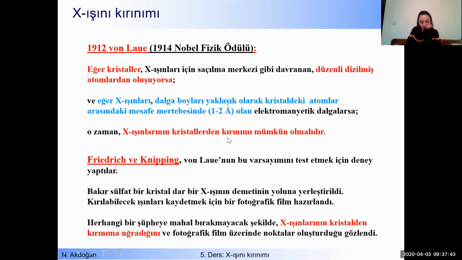So what is X-ray diffraction and when was it discovered? In 1912, von Laue proposed 2 conditions.